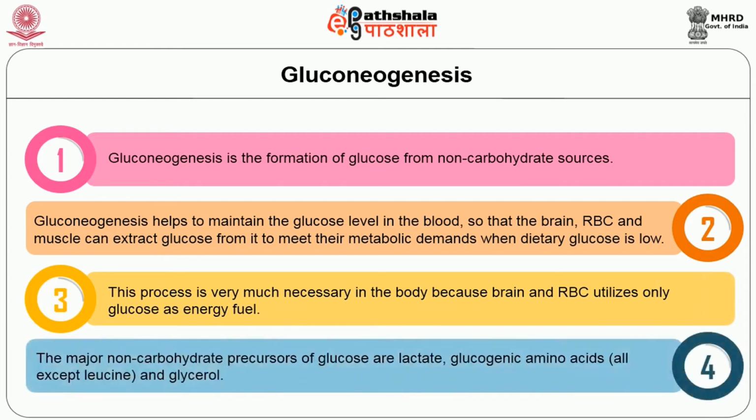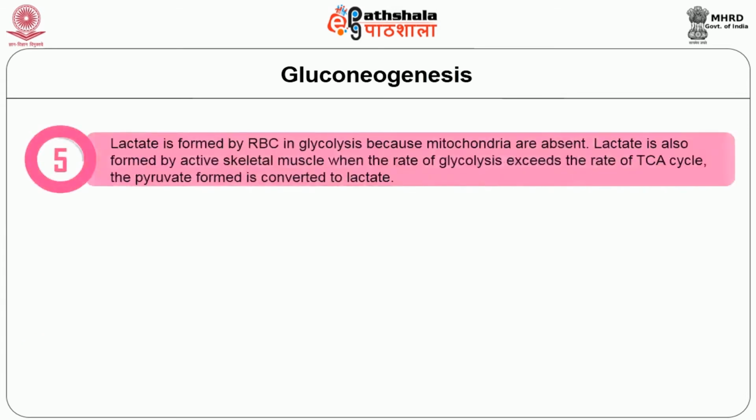The major non-carbohydrate precursors of glucose are lactate, glucogenic amino acids and glycerol. Lactate is formed by RBC in glycolysis because mitochondria are absent. Lactate is also formed by active skeletal muscle when the rate of glycolysis exceeds the rate of the TCA cycle.